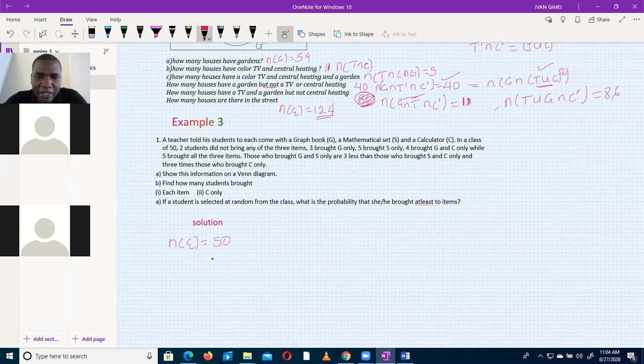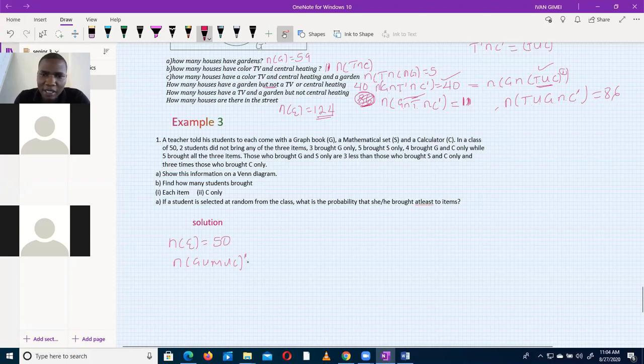Who can tell us how we write that? How do you write that in set notation? 2 did not bring any of the 3 items. G union M union C, complement. The complement is outside, isn't it?